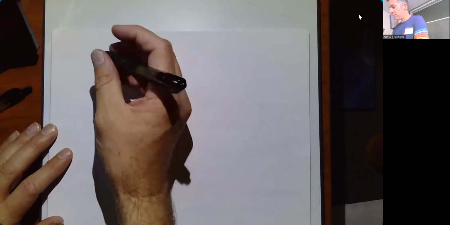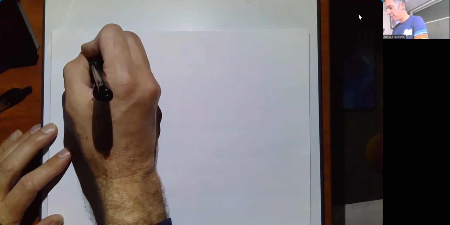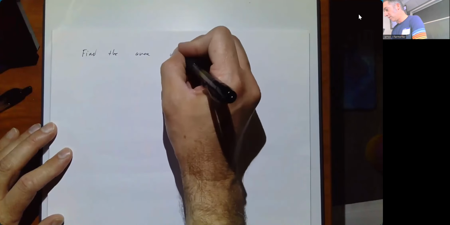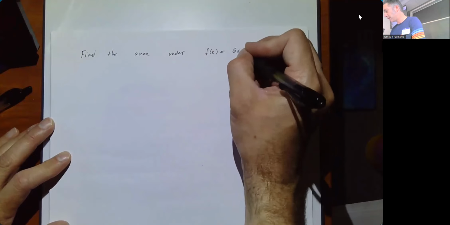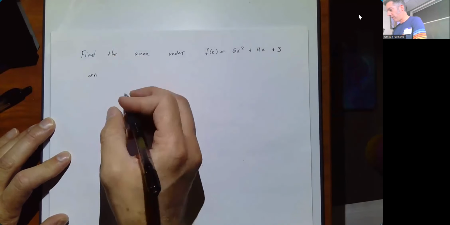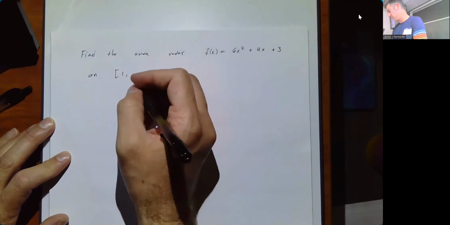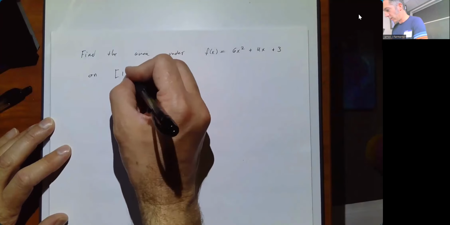So let's find the area under f of x equal to, how terrible should I make this? Not that terrible. 6x squared plus 4x plus 3 on the interval from 1 to, sure, let's go 1 to 3.